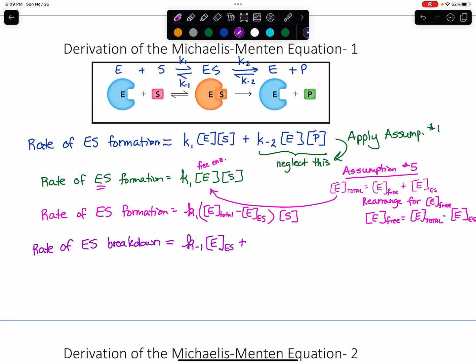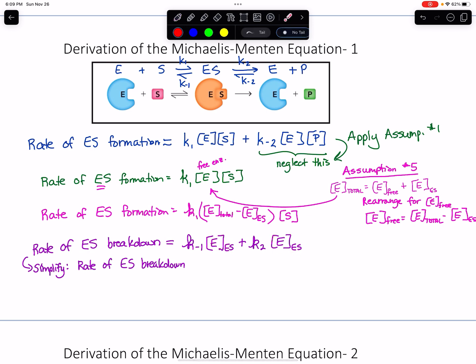So that is going to be our K2 times that, all right? So we're going to simplify this, right? So the rate of ES breakdown, because we can combine terms, right?